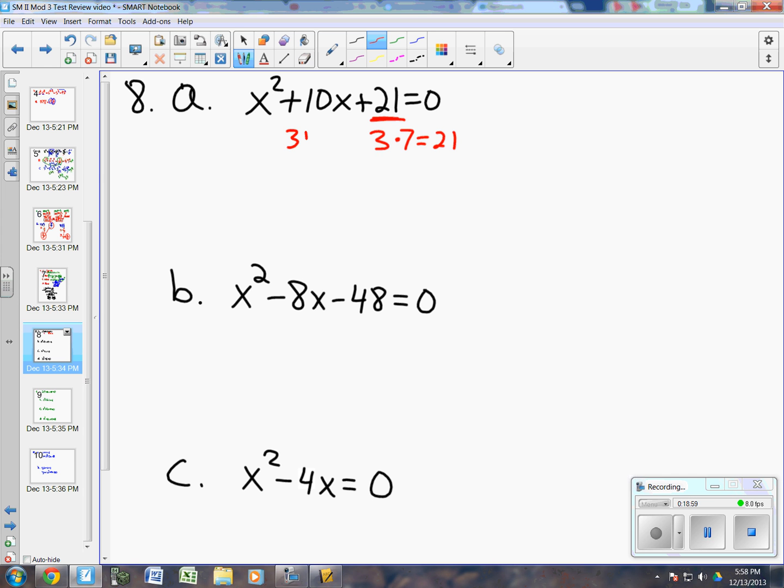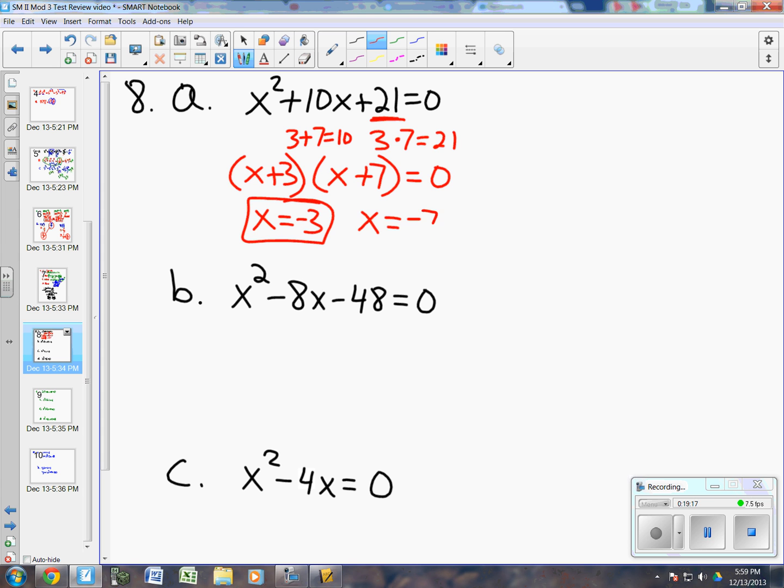And those two numbers, 3 plus 7, equal 10, the middle term. So my two factors are x plus 3, x plus 7 equals 0. Set each factor equal to 0, and I get x equals negative 3, and x equals negative 7 as my two solutions. Okay, the next one.